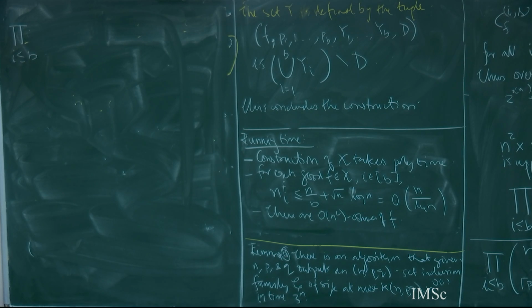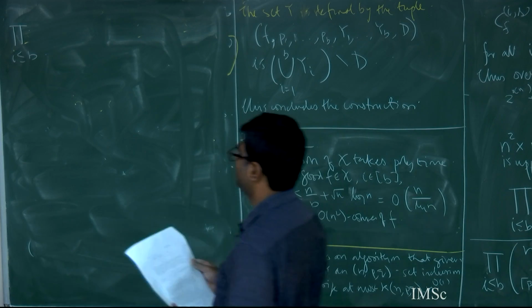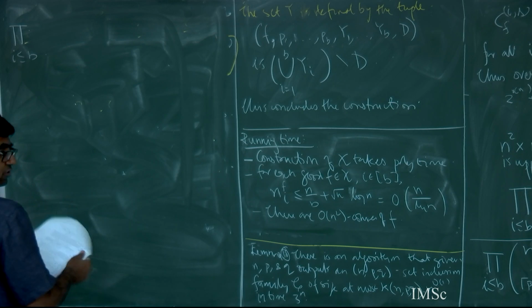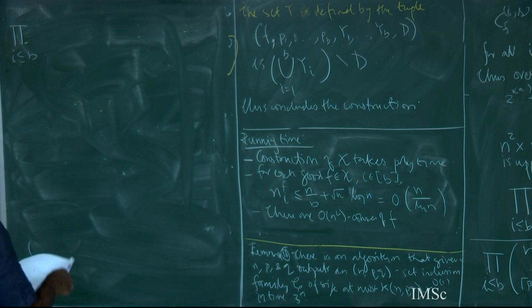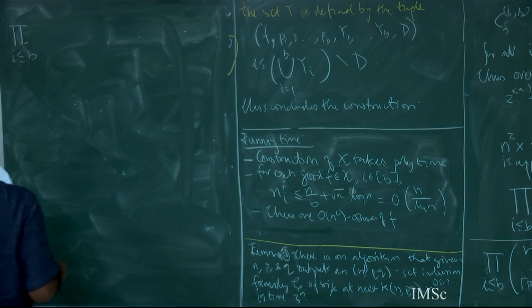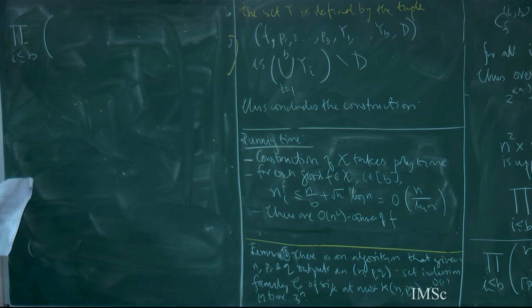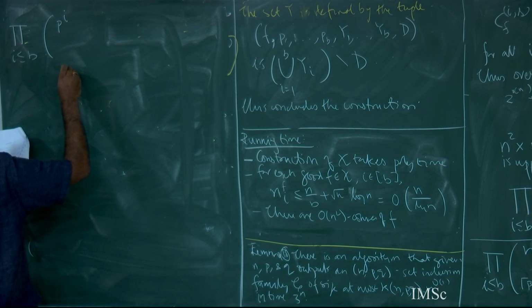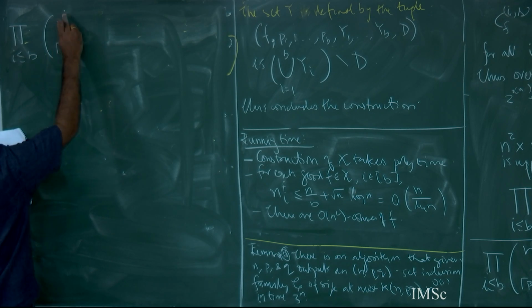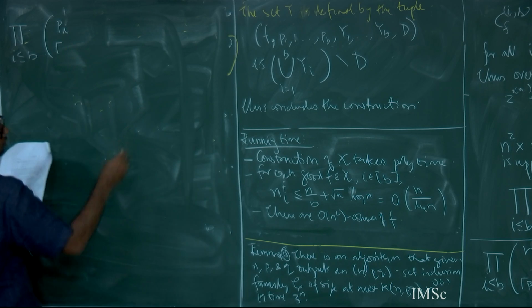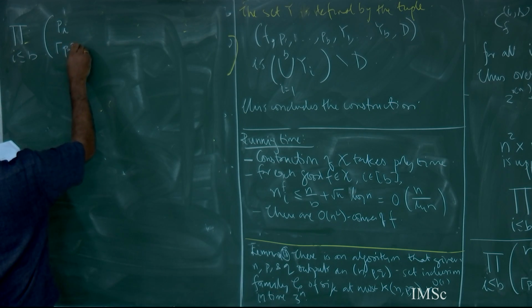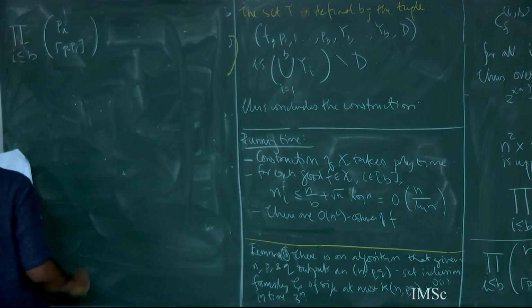There are some very well-known inequalities about this binomial coefficient, so you just use some of those. So what is this? Pi. What is down? Beta pi. Right?